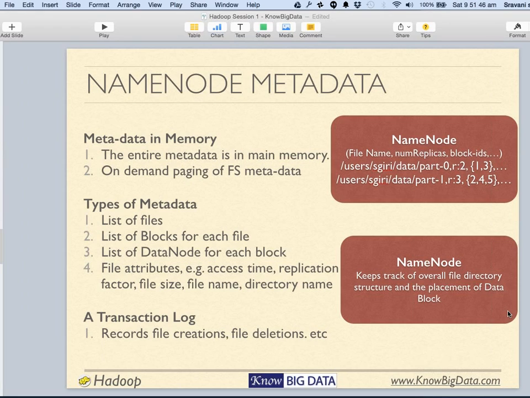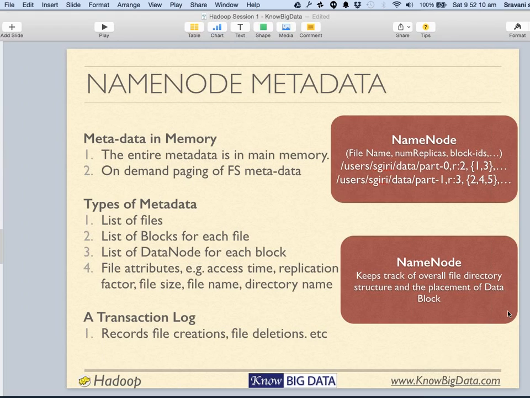So does the name node always refresh what the data node has, or do we do it manually? Anything that goes to the data node, anybody who wants to write anything to the data node, tells the name node that they are trying to do this, and only then is the name node updated.